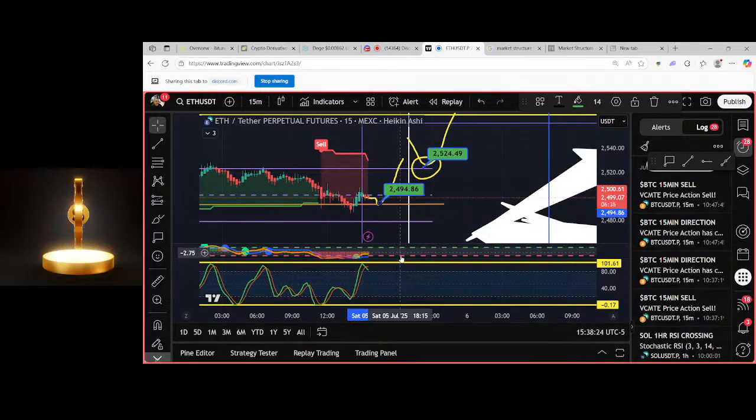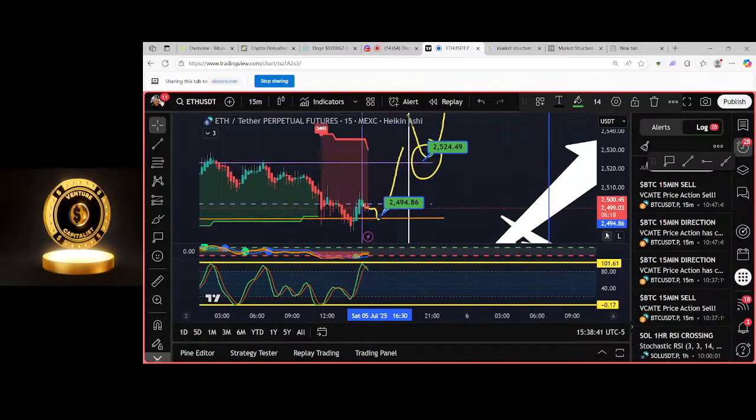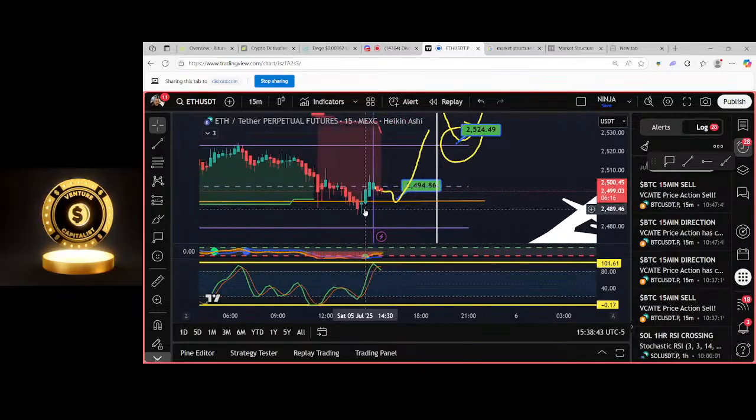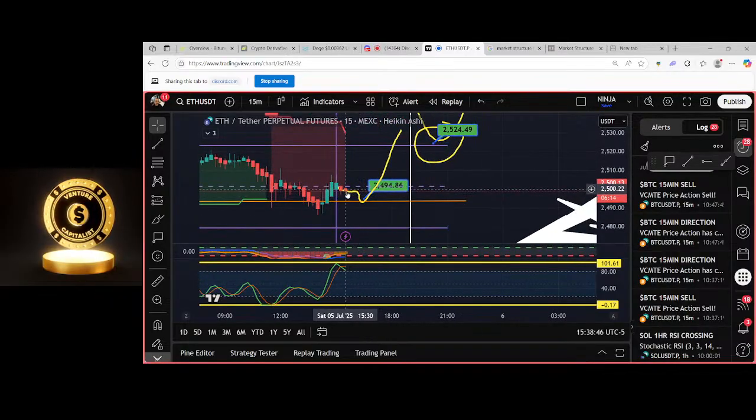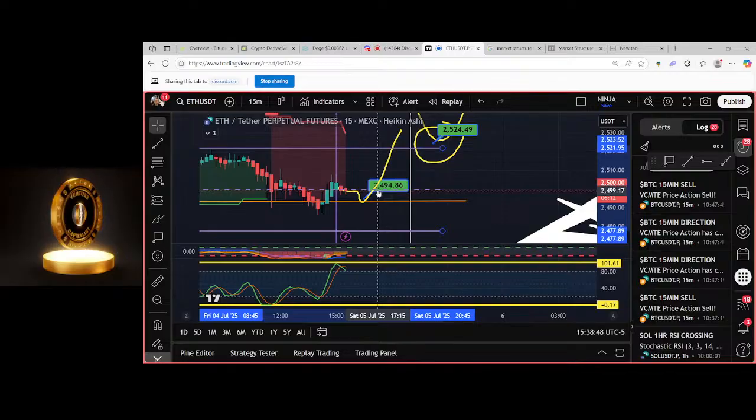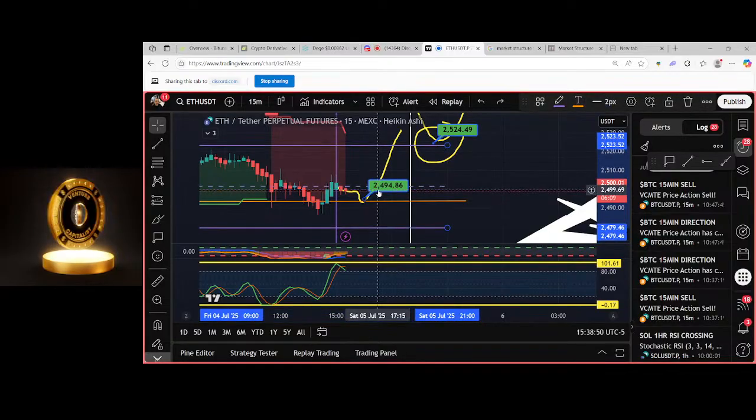Now, the reason why we set the alerts for the 2-hour crossing, etc., is because once that happens, that is going to the next part of our trade, which is what we need to do to make sure that we're in this trade and finding our entry points. So currently, if we were looking at this particular trade, we would assume that we're probably going to get back to this pullback session of 2,494.